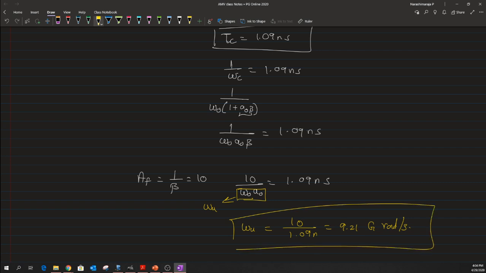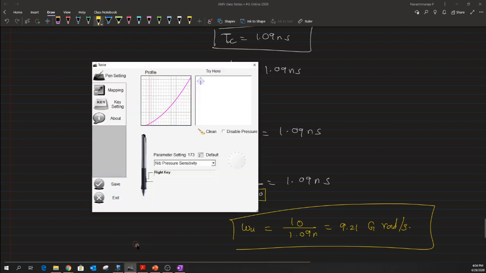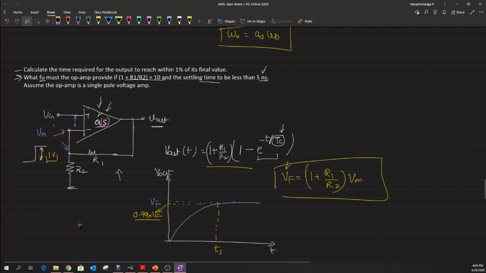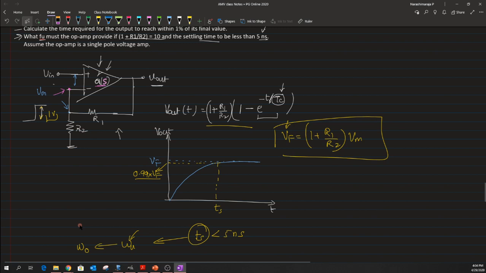So clearly you could see that the requirement of a settling time less than 5 nanosecond has imposed some sort of unity gain bandwidth on the open loop configuration, or the open loop parameters unity gain bandwidth.